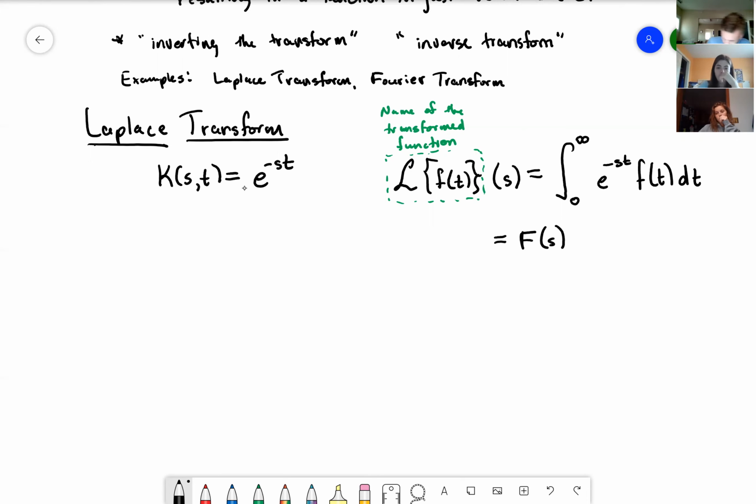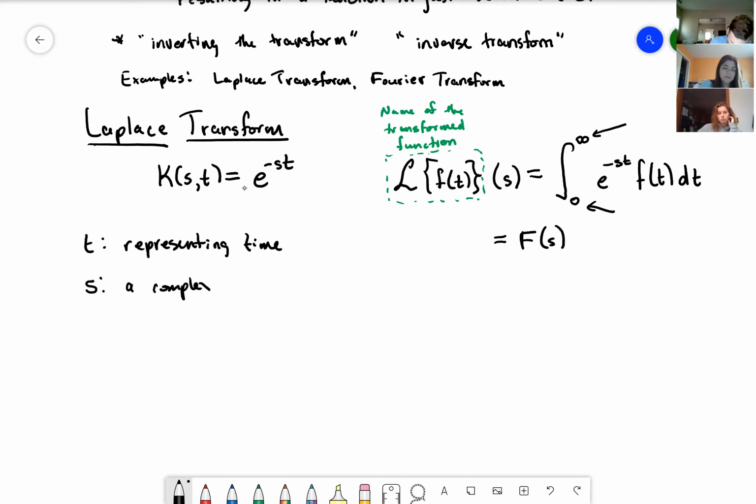Okay. So we often think of t as representing time. And this integral, well, we start from time 0 and we continue to integrate this thing all the way out for the entirety of the future. So what does s represent? Well, this takes a little bit of explaining because we really think of s as being a complex variable.